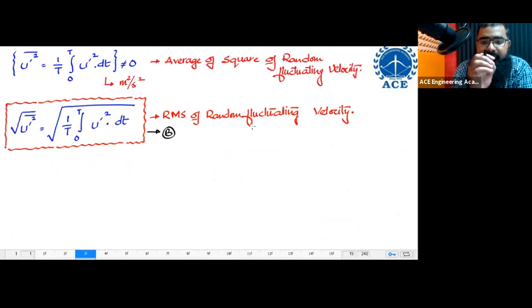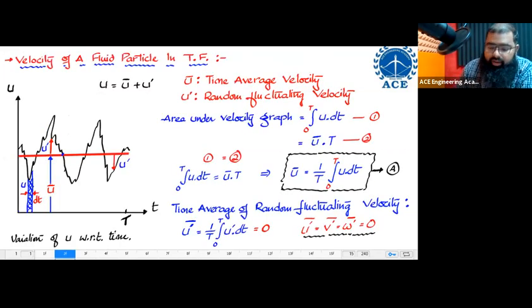Please understand, the logic in going for RMS is very simple. You will go for RMS when you have positive deviation and negative deviation, both of them. But if you look at the average value of deviation, mathematically it comes out to be zero because positive is nullifying with negative.